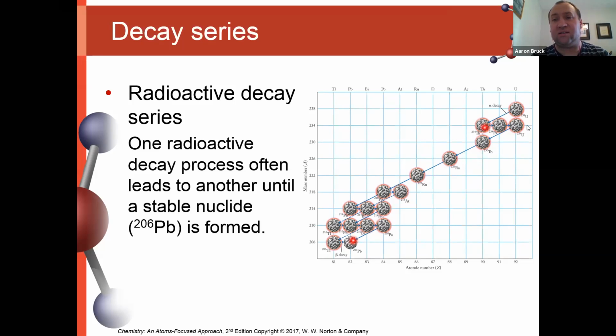Now, these processes can take thousands of years. These processes can take less than a second. It depends upon the process itself in terms of how long each one of these steps take. So even though uranium-238 will eventually make its way down to lead-206, that process could take tens of thousands of years depending upon the route taken and how long it takes for those decays to actually occur.